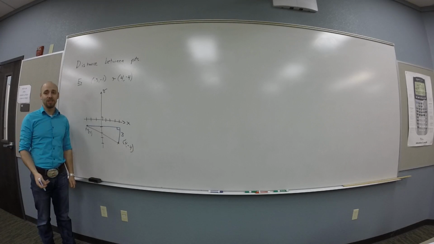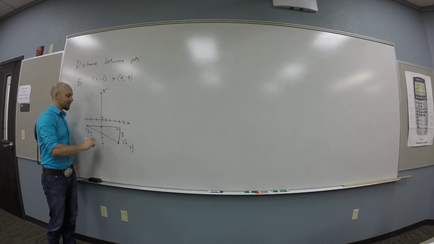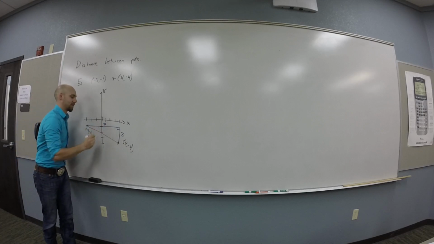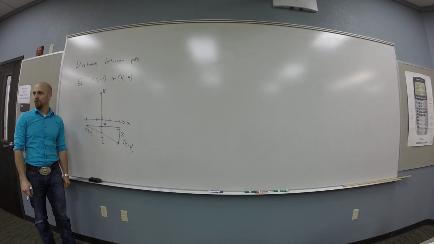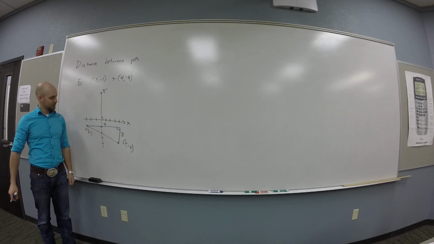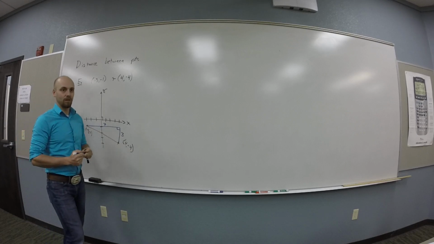If I was calculating a slope, then that would actually be negative. How about this other side? How long is that? 7. Cool. All right. So then what should I do with these? What am I doing with 3 and 7? Plugging them into the Pythagorean theorem.